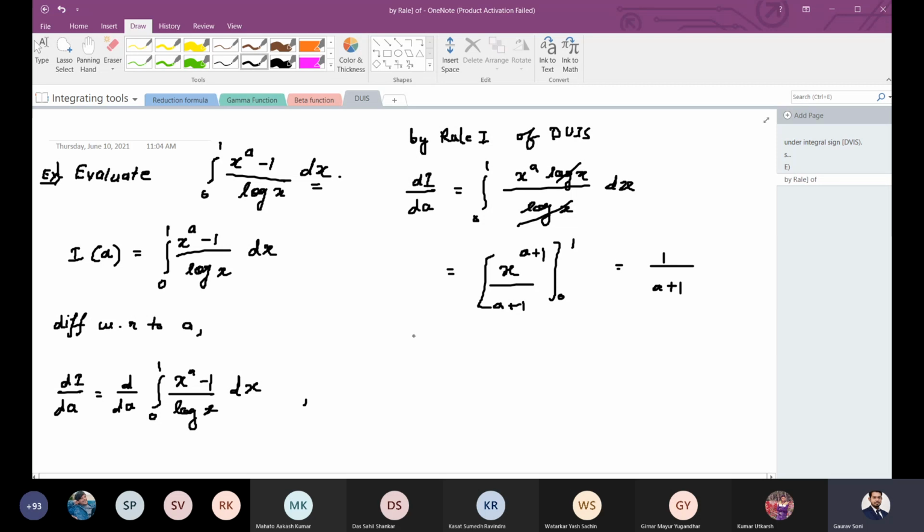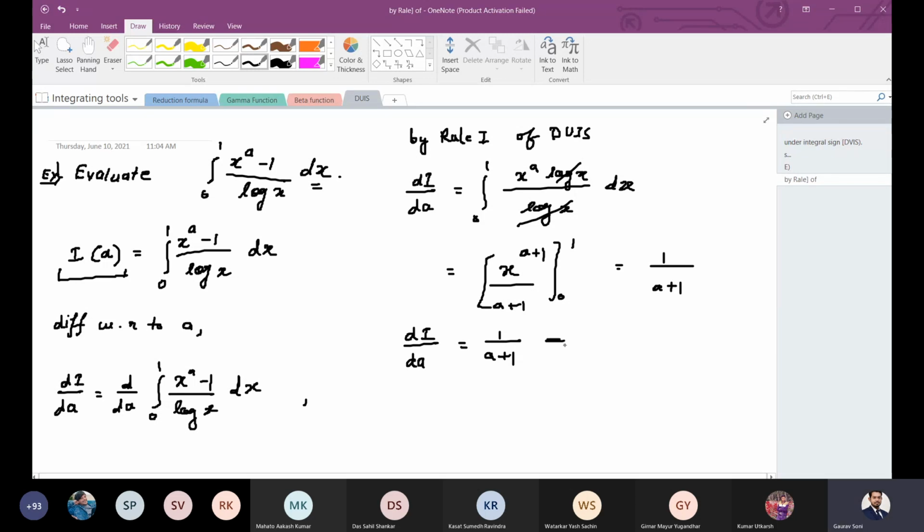So what have we got? dI by da is equal to 1 upon a plus 1. What value do we need? We need the value of I of a. That is the value of this integration.